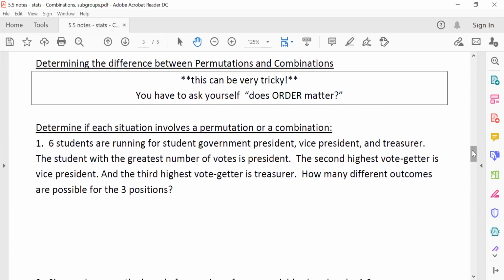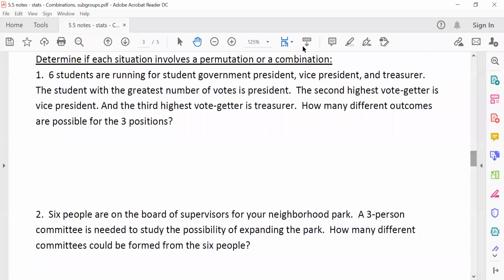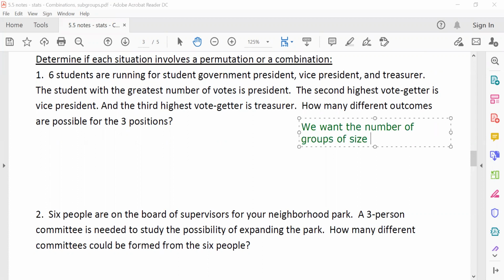6 students are running for student government president, vice president, and treasurer. The student with the most votes is president, second highest votes, vice president, third highest votes is treasurer. But we're not going to worry about that so much. We're just going to say the number of ways that the election can turn out. Here we want the number of groups of size 3 from a larger pool of 6 objects.